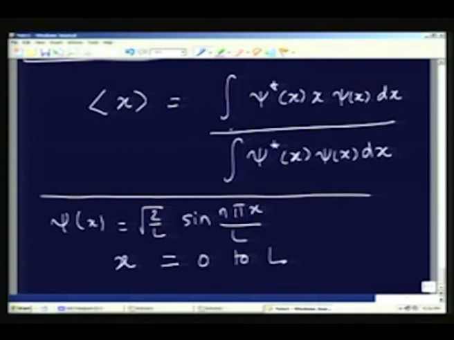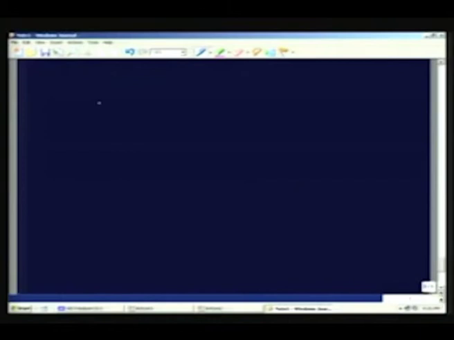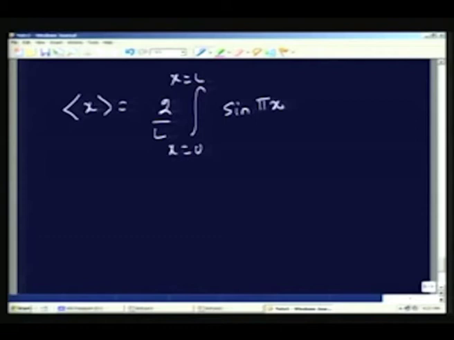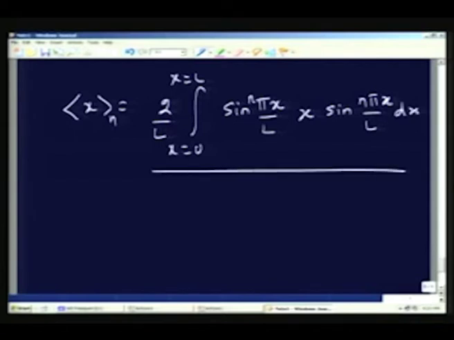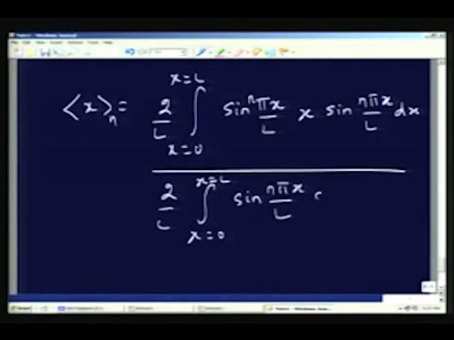one dimension. Therefore the integral, when you talk about the integral dx, the average value of x is now from x equal to 0 to x equal to L, 2 by L sin pi x by L. If you want to put in an n, you can put an n for the arbitrary state psi n of x, that is the operator corresponding to the position, sin n pi x by L dx divided by 2 by L integral x equal to 0 to x equal to L sin n pi x by L sin n pi x by L dx.